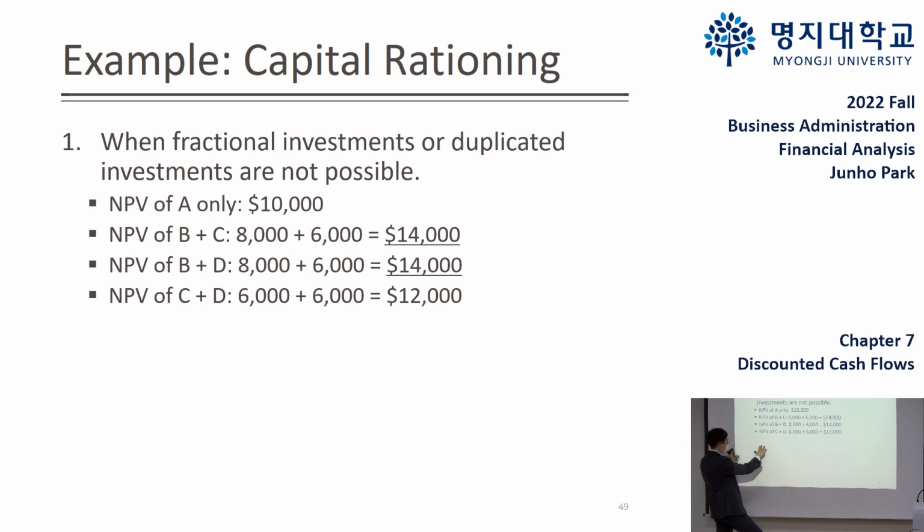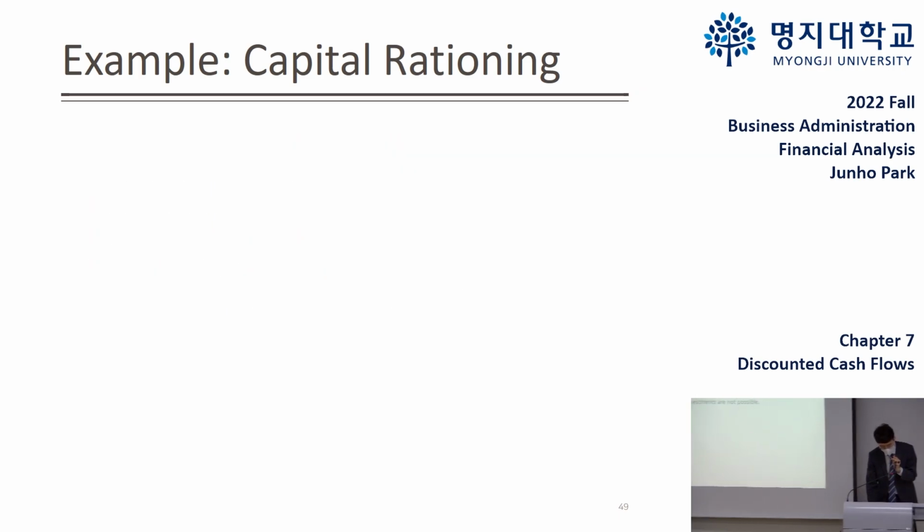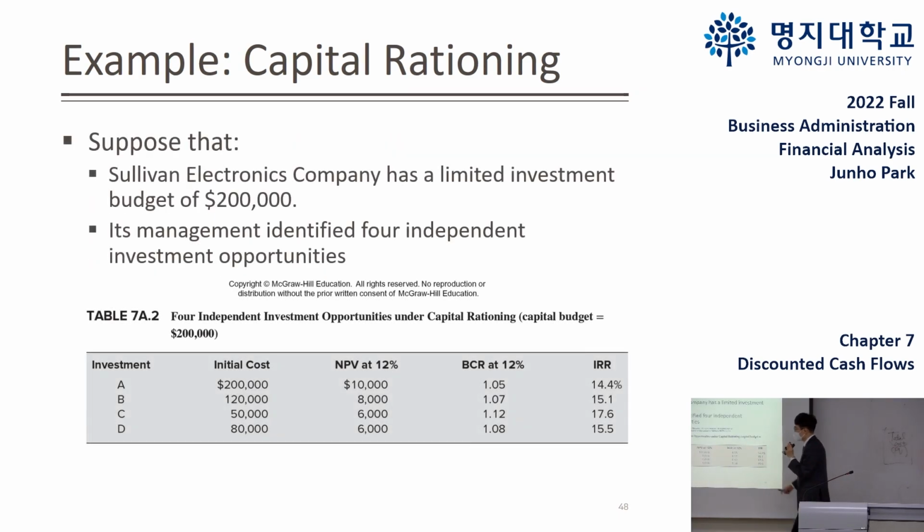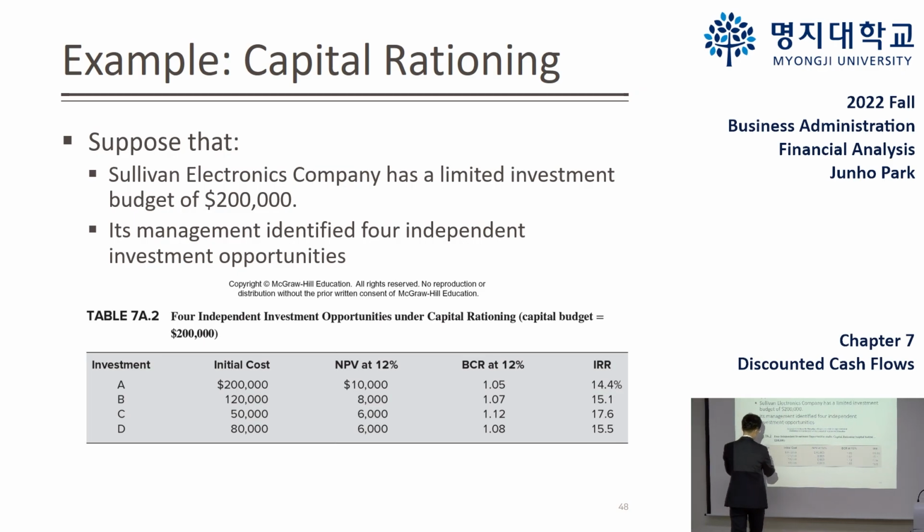Finally, if I choose C and D, I have 6 from C and another 6 from D, so I have $12,000 overall. Therefore, among those 4 choices, I think I have to choose the second or the third one. And if we go back to the previous information, if I choose B and C together, I have to spend $170,000.